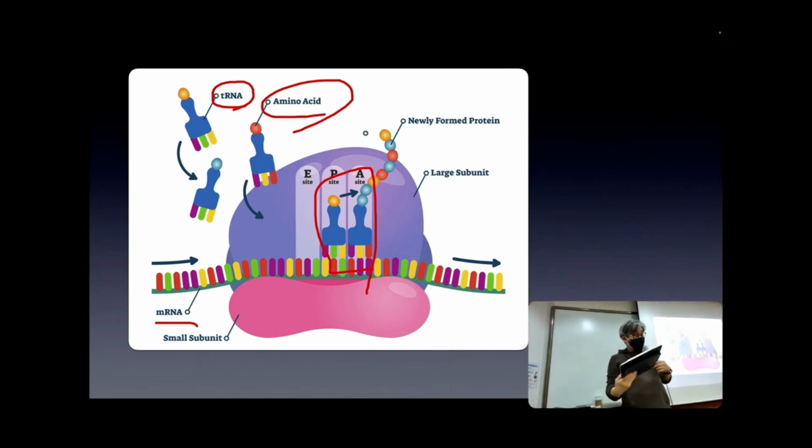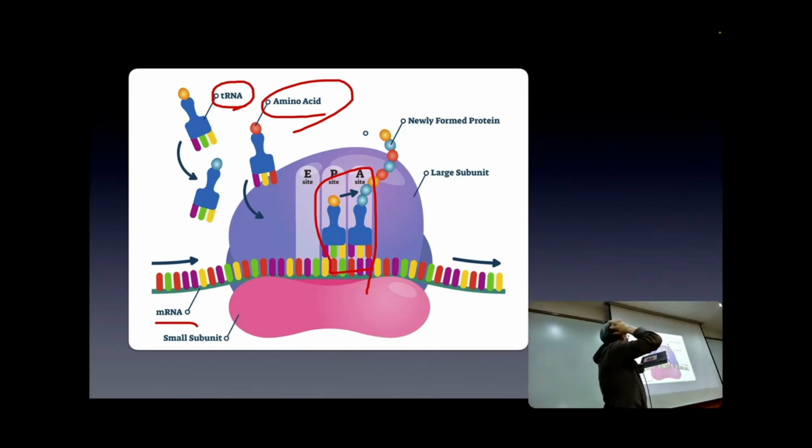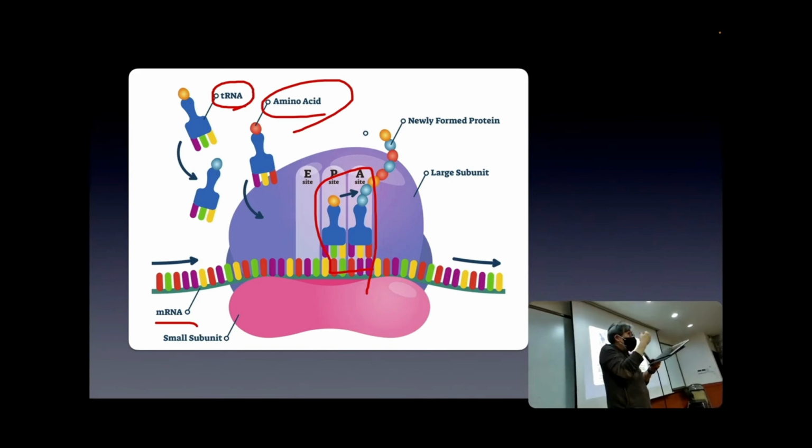In other words, you can easily figure that there has got to be at least a certain number of different tRNAs in the cell.